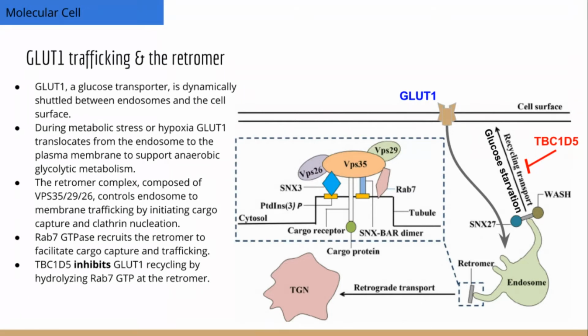And this Rab7 GAP, GTPase activating protein, TBC1D5, stops this entire process by hydrolyzing Rab7's GTP into GDP and prevents the retromer's recruitment to the endosome, and thus prevents GLUT1 translocation back to the cell surface.